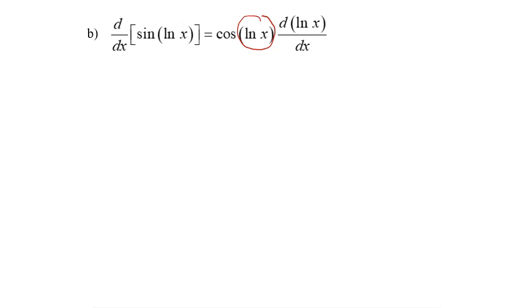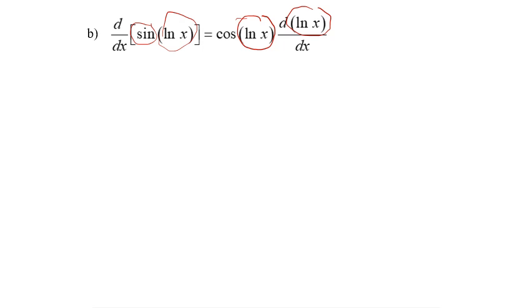We just differentiate sine first. So differentiating sine will get cos. Inside here, we still follow the original inside function, which is ln x. And after that, we mention that we still need to differentiate ln.